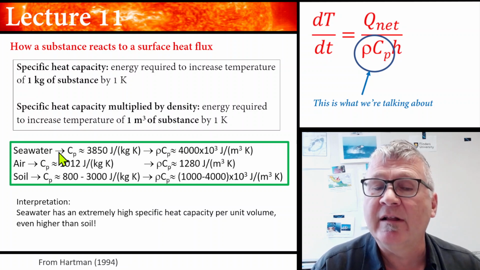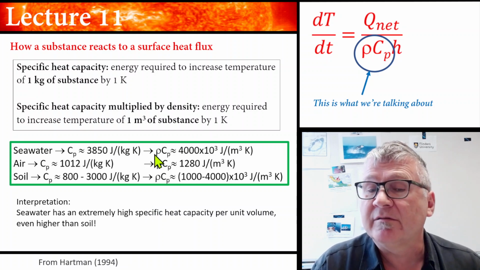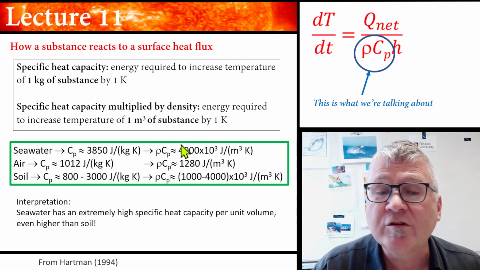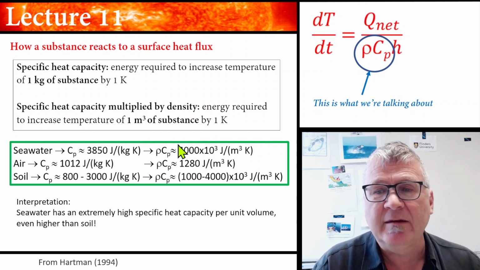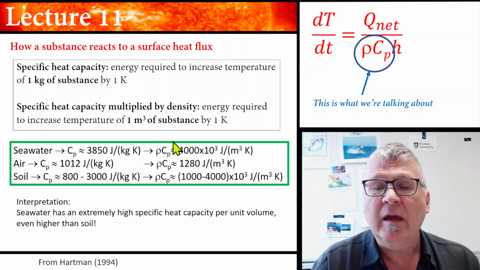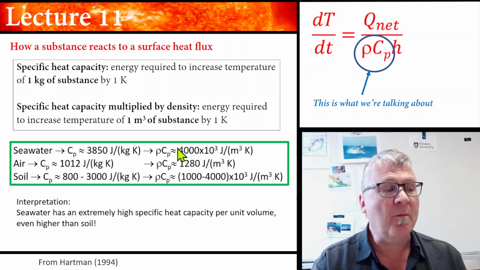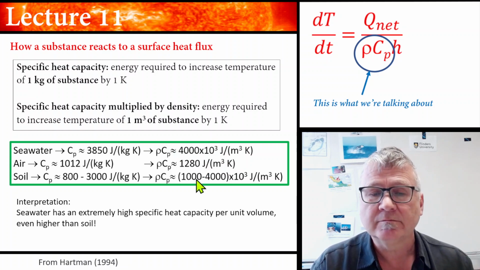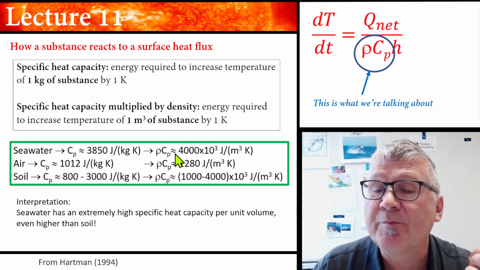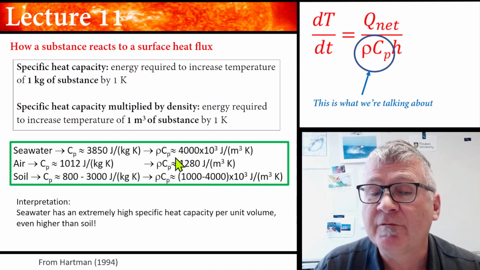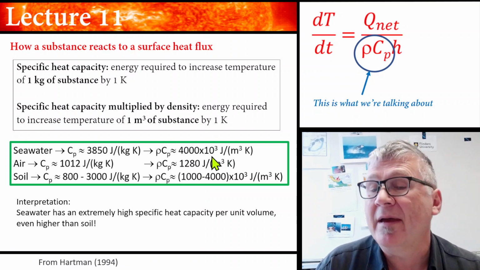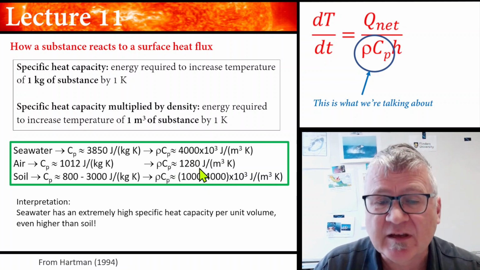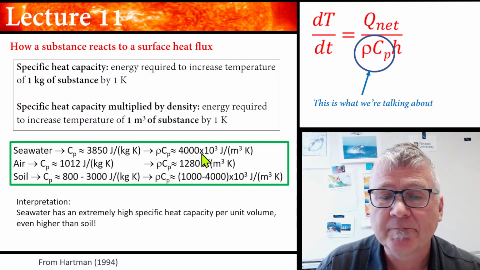You can see the values of this product, density times specific heat capacity, rho times Cp, and you can compare seawater with air and soil. You can see how much bigger the number for seawater is compared with air. It's about 4,000 times larger.